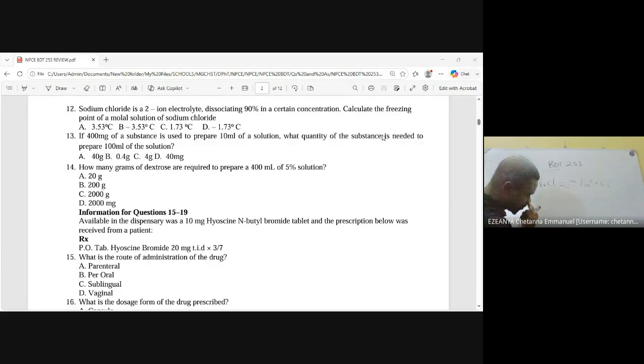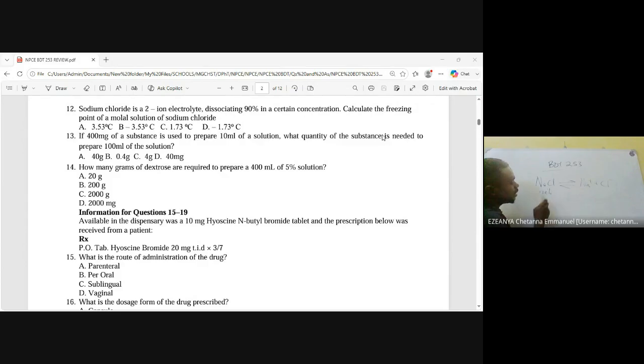Now, this sodium chloride in the solution, before it dissociated into this, everything here is intact, 100%. But once it dissociates, from the question, it says 90% dissociation.